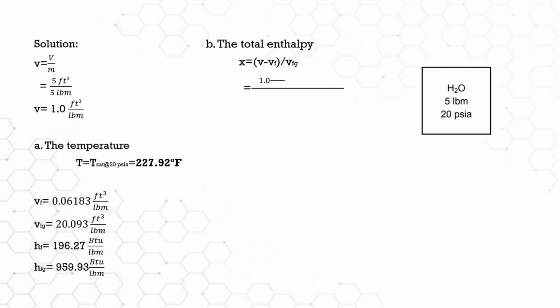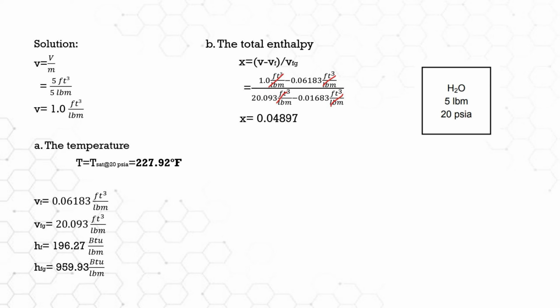Plug in the values, we have 1.0 minus 0.01683 over 20.093 minus 0.01683 equals 0.04897. This is the value of our quality X.